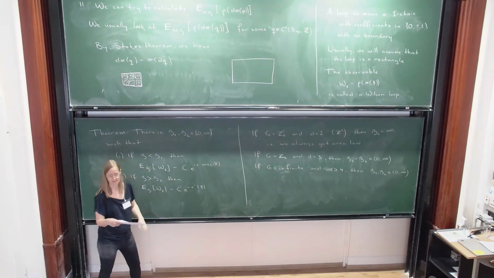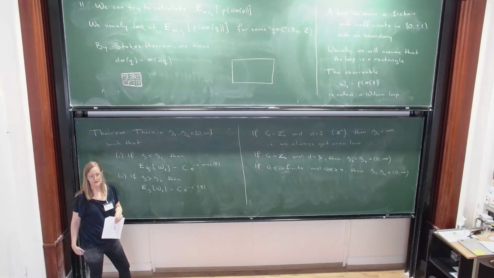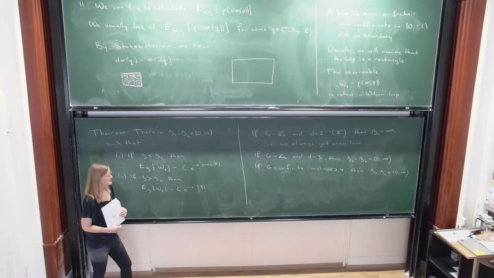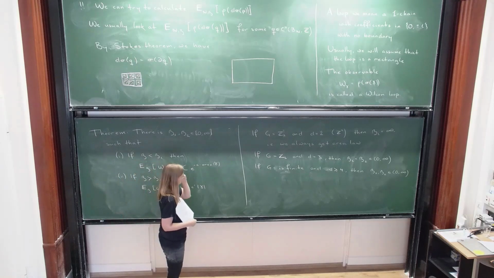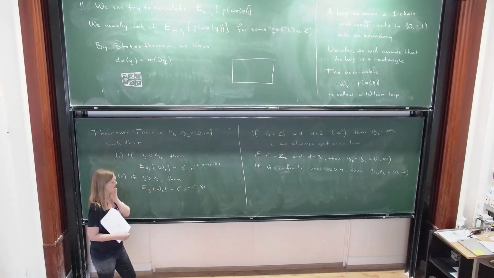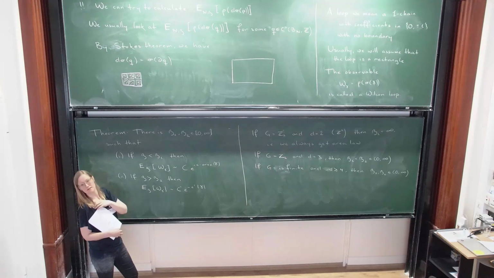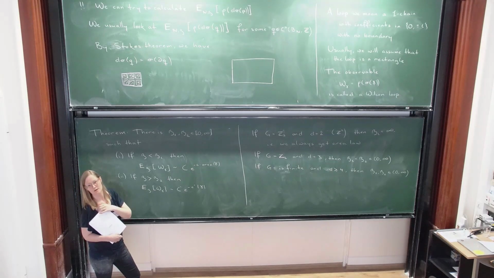In 2 dimensions? Is there something? In 2 dimensions, so I haven't tried doing it for, I mean, the argument for Z2, 2D. So is there a theory, do you know the answer? In 2 dimensions, if you have a more interesting gauge group, say a continuous one, do you always get area law?